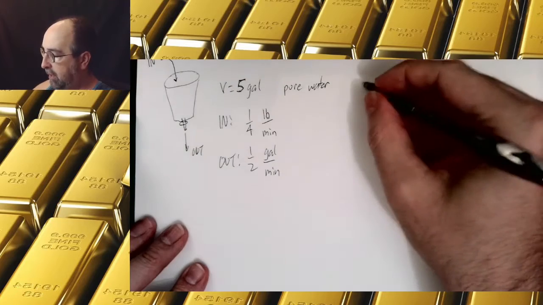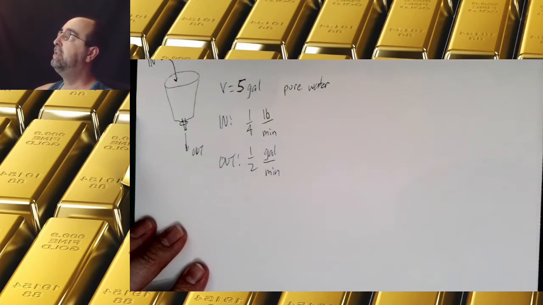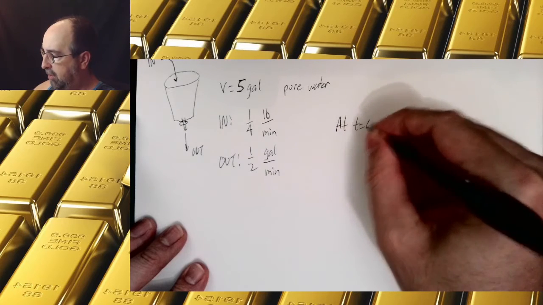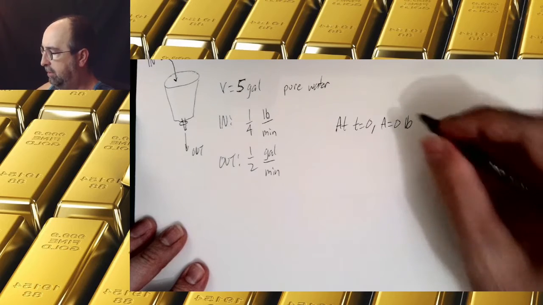So what that would mean is we would have an amount of salt in there, but they said at the very beginning it's full of pure water. So at t equals 0, the amount of salt in the bucket is 0 pounds.